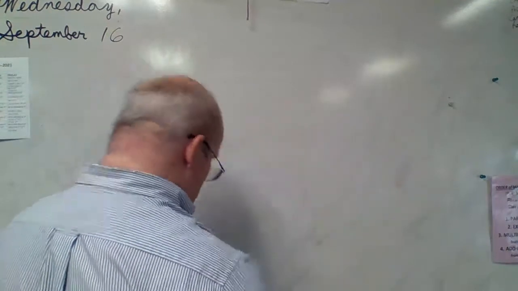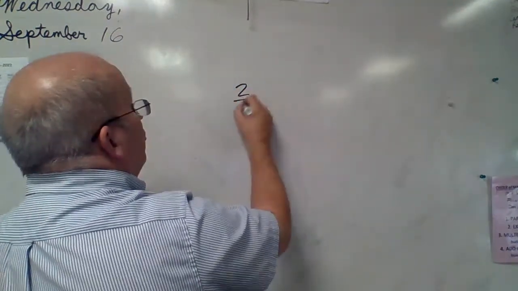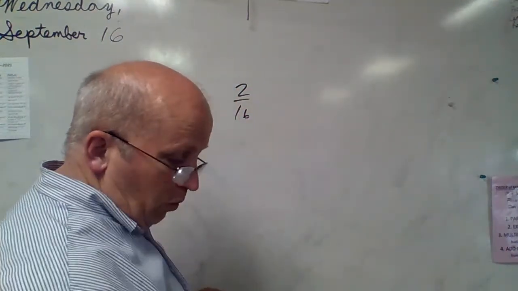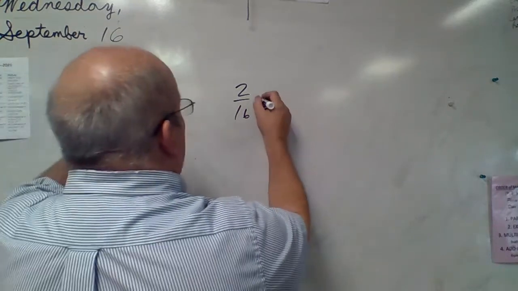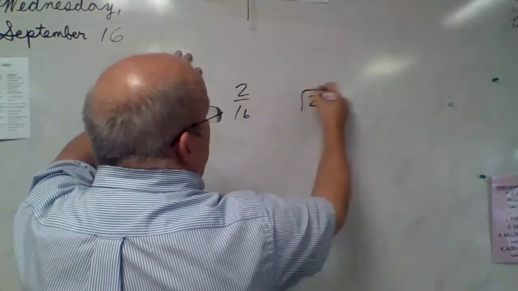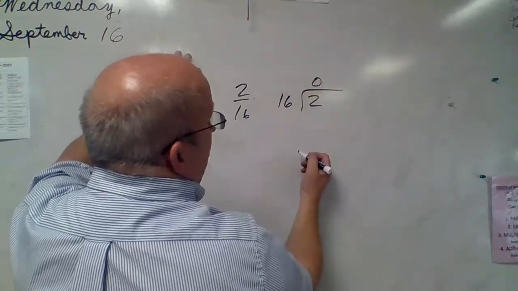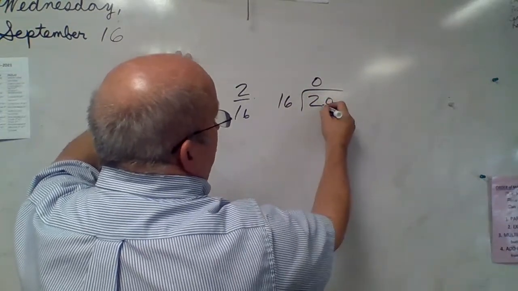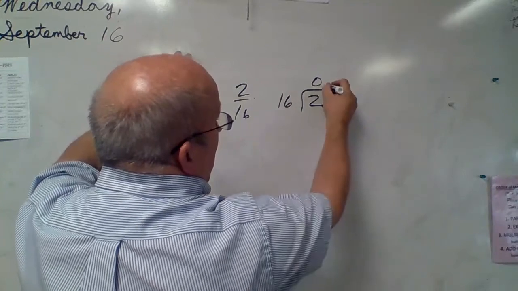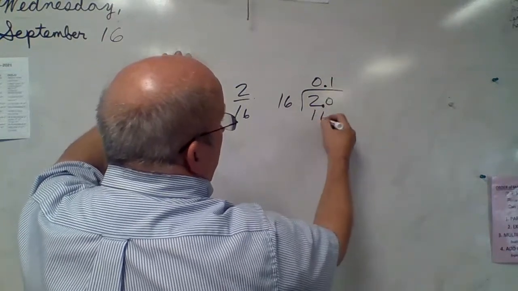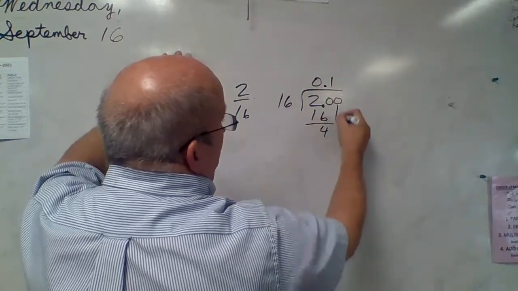What if I had 2/16 and I wanted to change that into a decimal number? Well, 2 divided by 16. 16 goes into 2 0 times. But it does go into 20 one time. What if I bring down another 0?